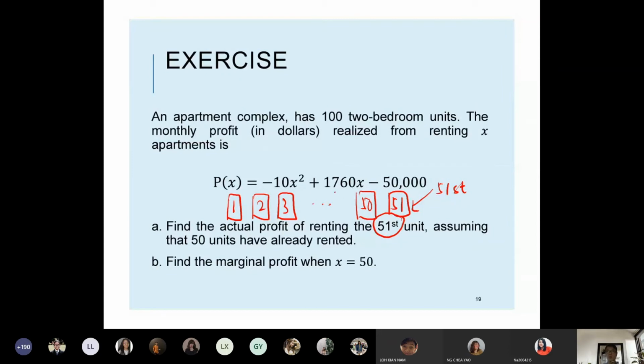We are not talking about the quantity 51. So we want to know the actual profit of renting the 51st unit, assuming that 50 units have already been rented. And B, we need to find the marginal profit when x is 50.